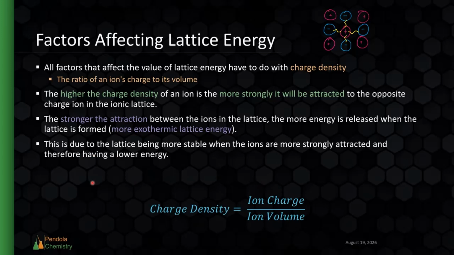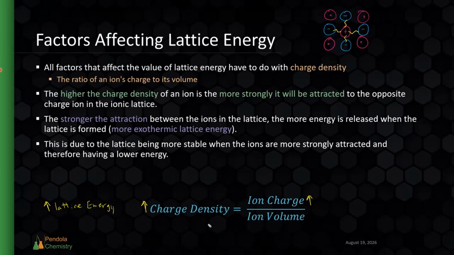Again, how do we know that? Let's look at what charge density is. When ion charge is high, then we are making the numerator in this division higher, meaning charge density will go up. So a higher ion charge means a higher charge density, which means a higher lattice energy. Why?